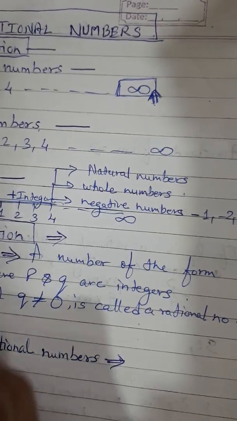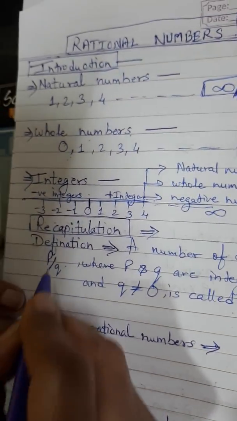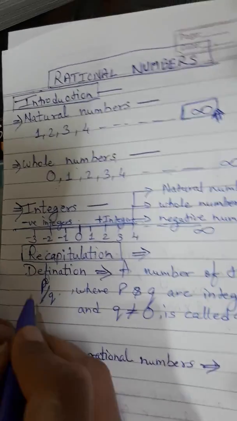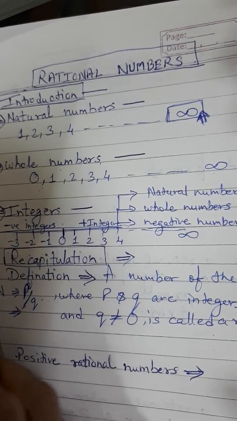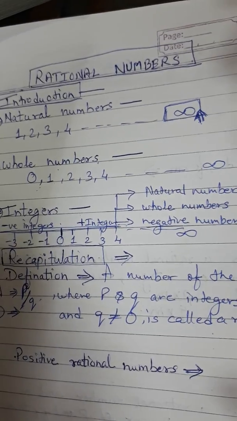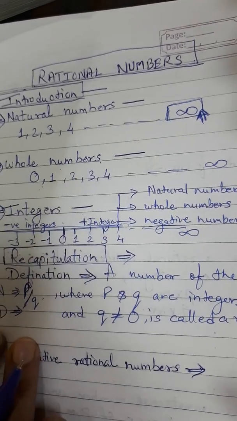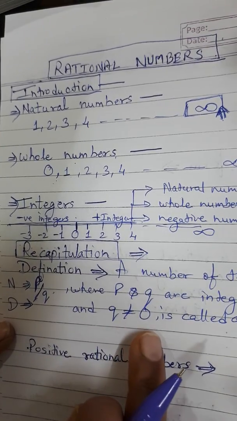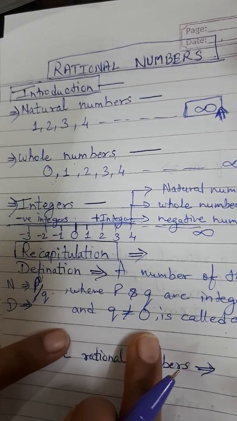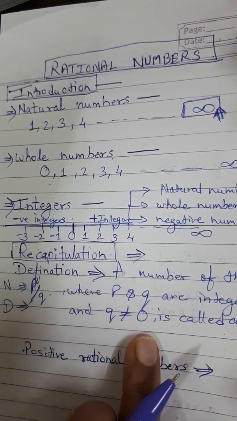Here in P upon Q, P is known as the numerator and Q is known as the denominator. Q should not be equal to 0. If it is 0, then it will not be a rational number.